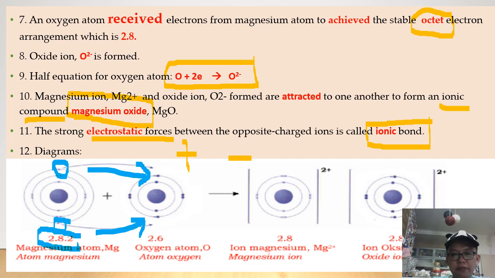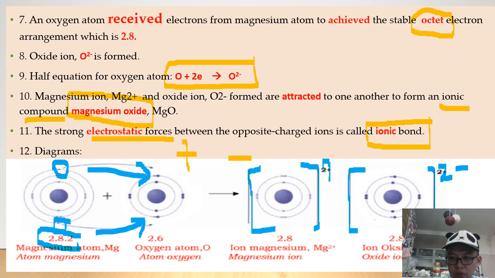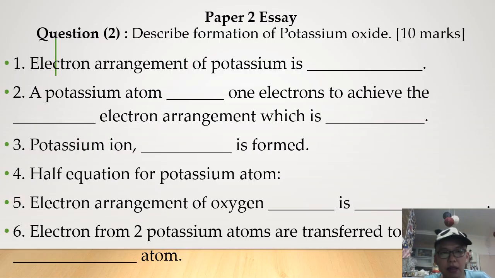The oxygen atom receives, so you have to show 2 negative charge. How about the magnesium? Because you donate 2 electrons, you will form 2 positive.